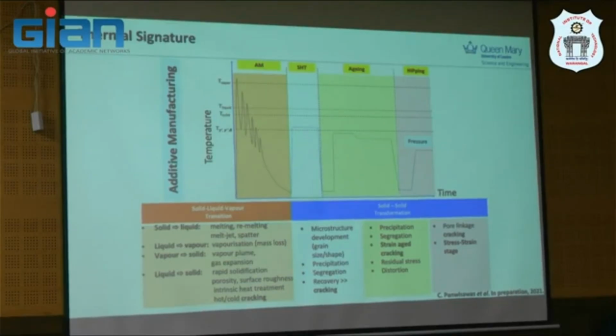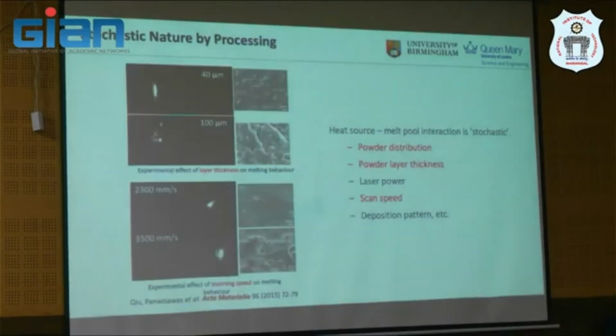It's not just a simple thermal calculation from Abaqus that can solve all the answers you may want to know. Defect formation, for example, is almost impossible. So the example from experiment that inspires us to do simulation is that the process itself gives a stochastic nature, for us to be more curious.